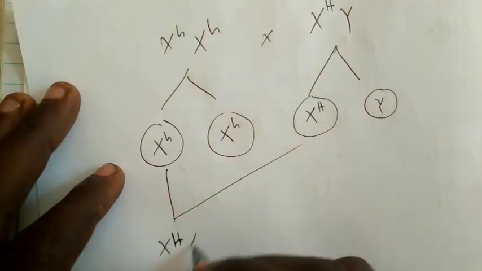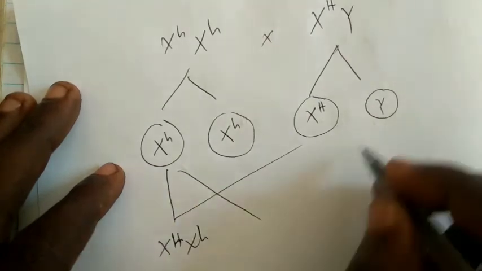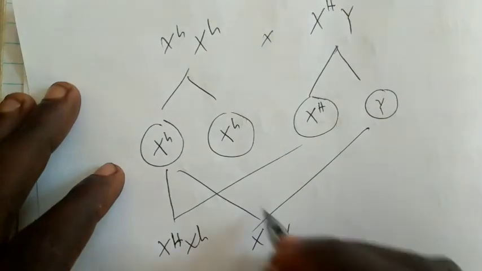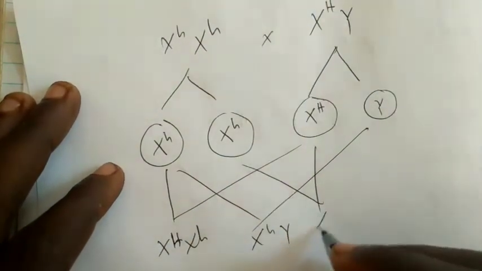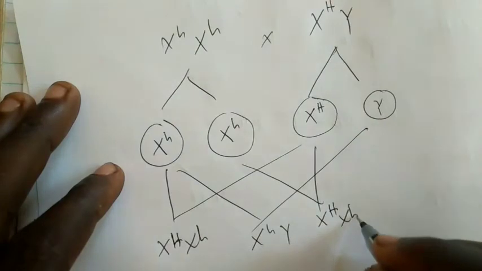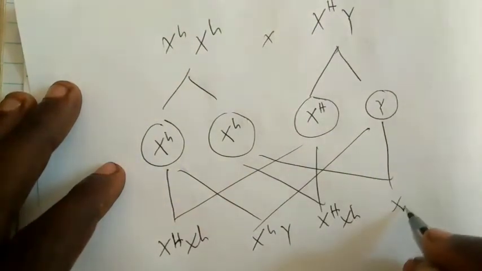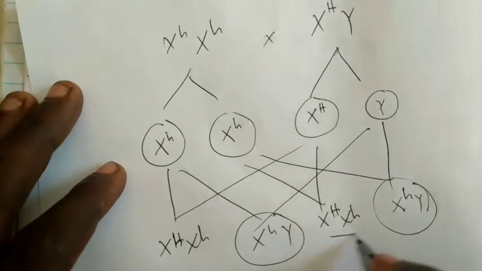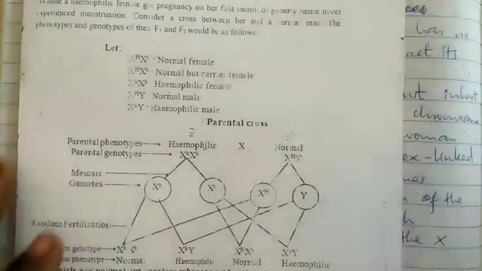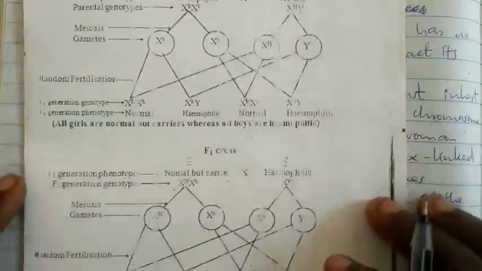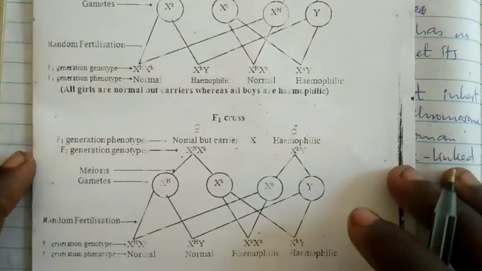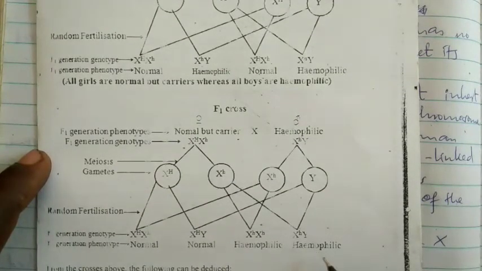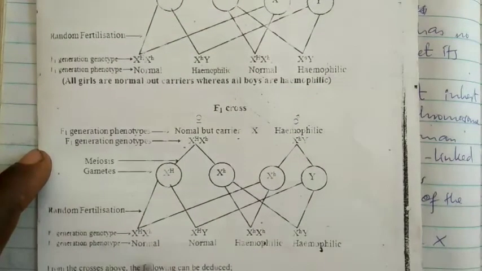Hapa ni XhXh, XhY. This are hemophilic males, au ni carrier wa hemophilia. Tukiclose tutakuja kupata hemophilic male, hemophilic female, normal.